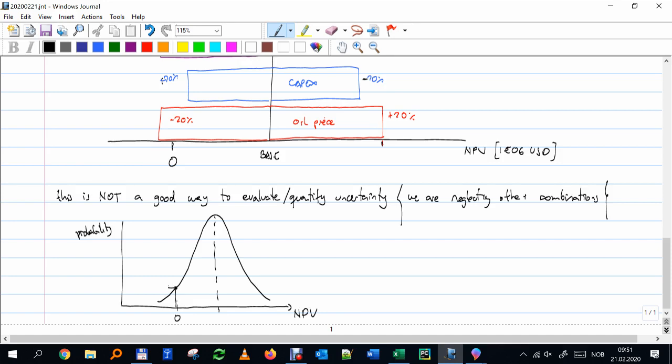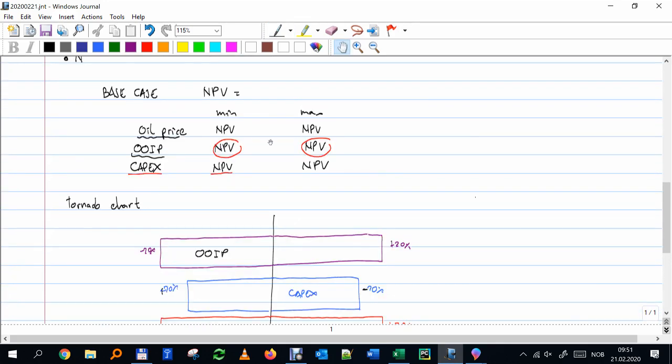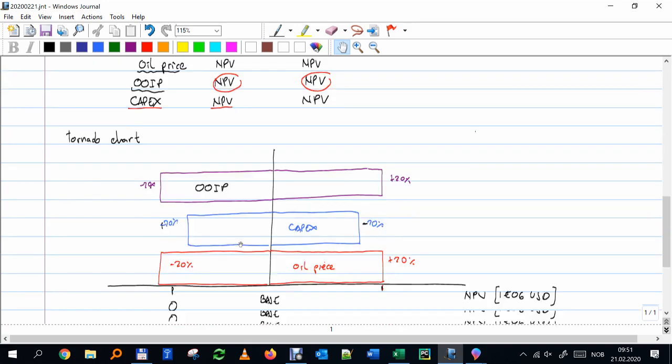Which is very similar to this plot if you think about it, right? But for making this plot, I only had to make 6 runs, or 7 runs. 1, 2, 3, 4, 5, 6, 7. That's why the industry likes it, right? They just go and change one at a time, and they calculate these 7 values to make this chart.